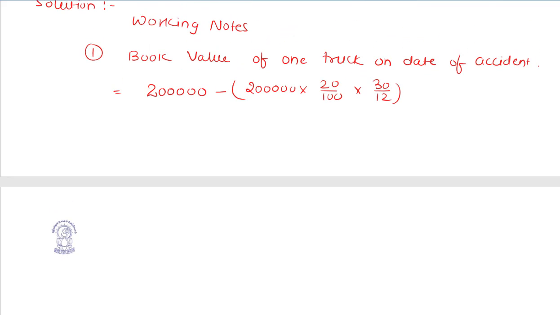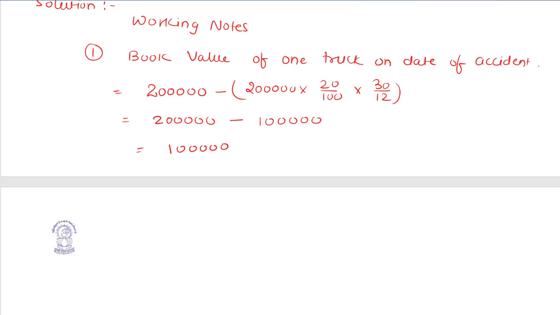So 2 lakh minus depreciation for 30 months. So this is 2 lakh minus 1 lakh equal to 1 lakh.